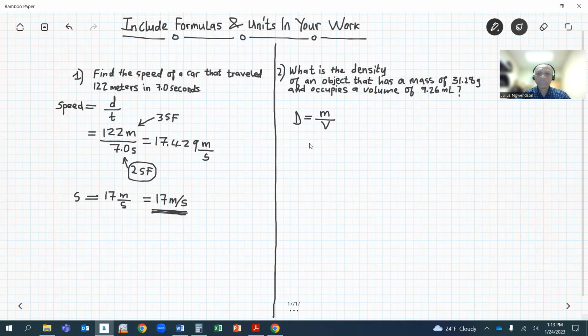It's good for us. So we go ahead and we include the mass, 31.28 grams, divided by volume, 9.26 milliliters.